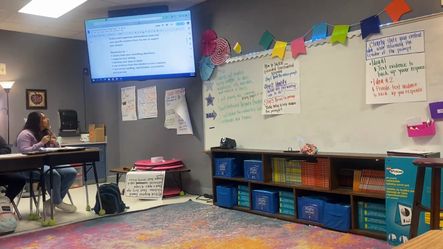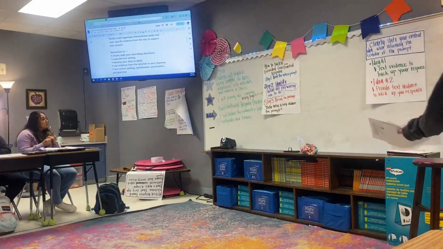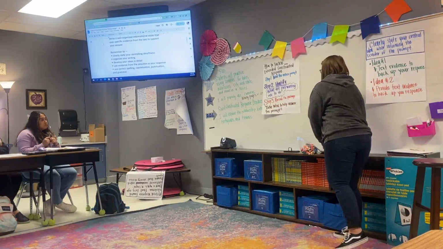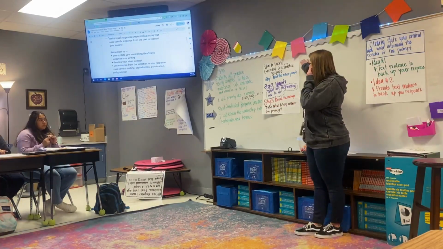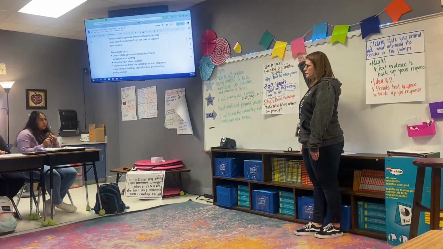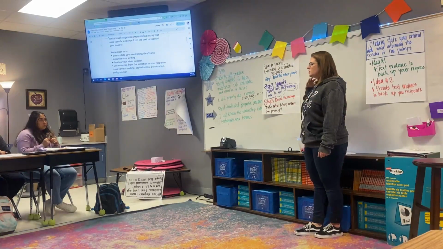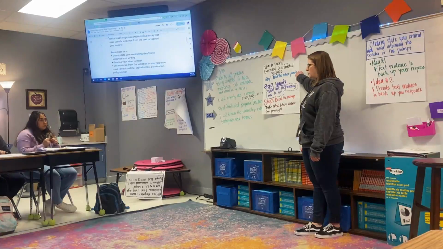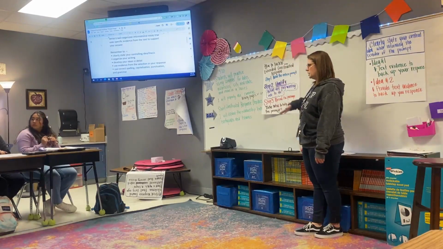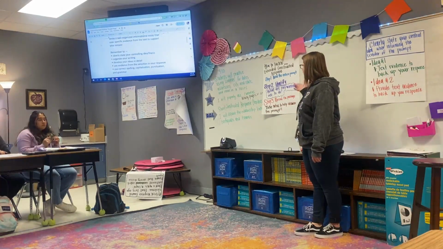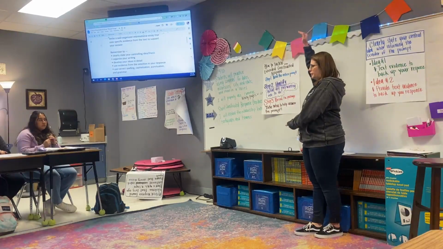So, on the board, I have created a little how to tackle the extended constructed response. And here's some simple steps. So step 1, I have them read the entire prompt. So that's what we just kind of did, okay? Then, they're always very lengthy.